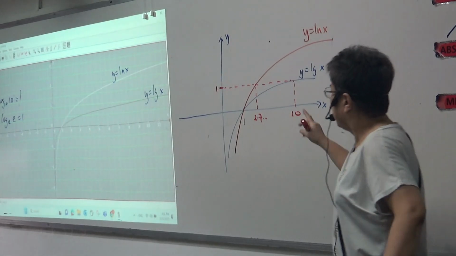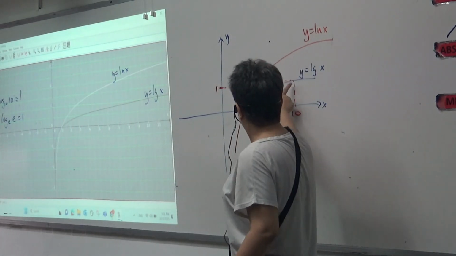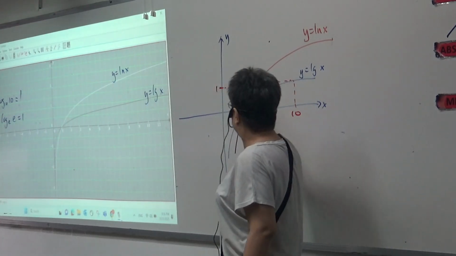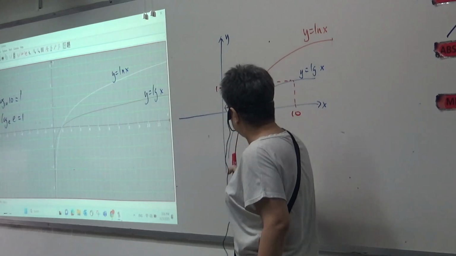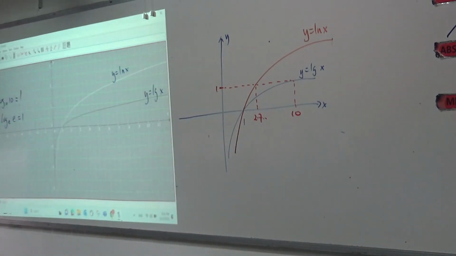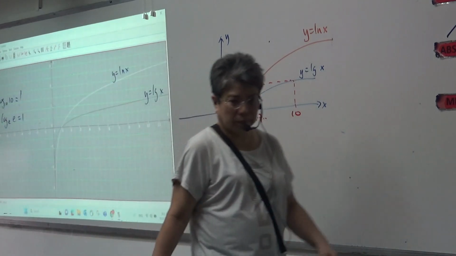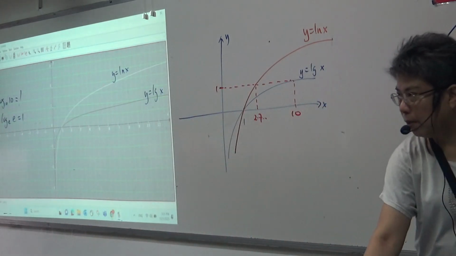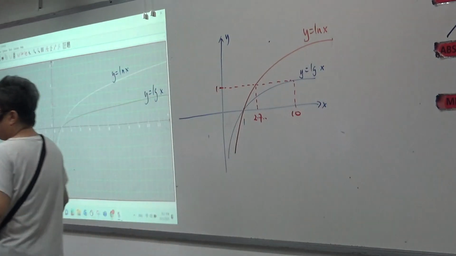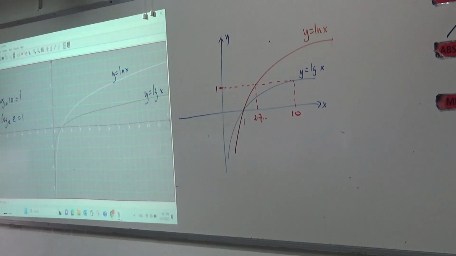Can you see log 10 is 1? Log e is 1. Can you see it? And it goes like that. I want this one to be drawn in your notebook now. Don't wait. If you're not drawing, then you will get it wrong in the exam, okay? Or even in O levels.